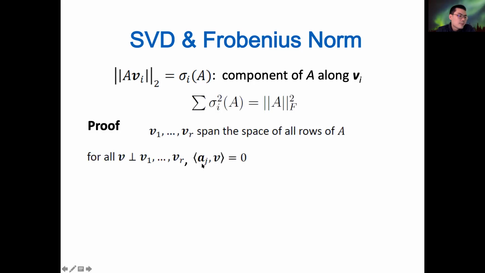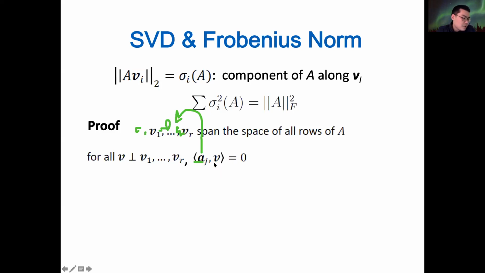then we are pretty sure that for such a vector v, the inner product between v and any A_j, any row of the matrix A, is 0. We told you the reason: A_j is in this space, so A_j is some linear combination, c1 v1 to cr vr, a summation.